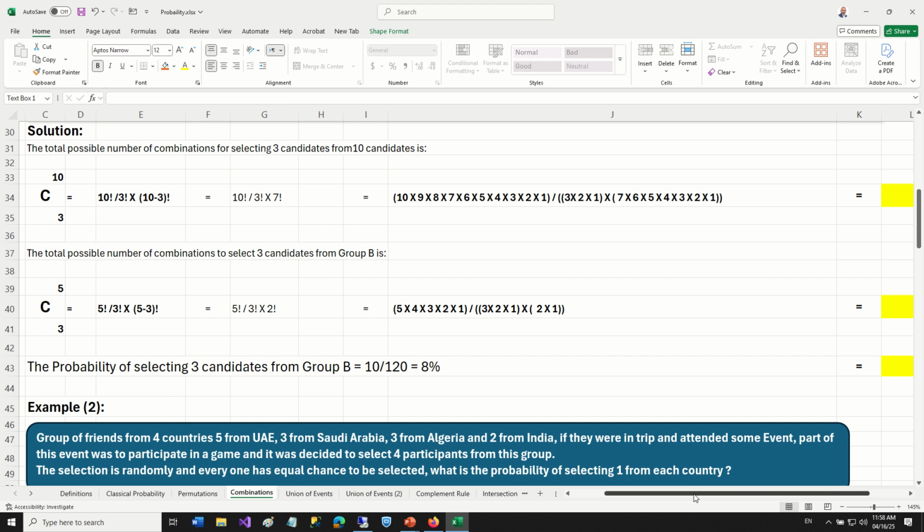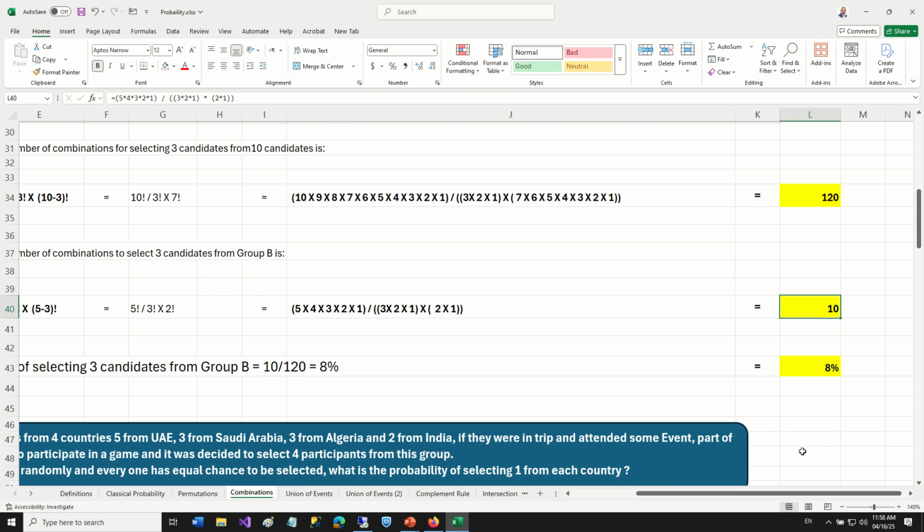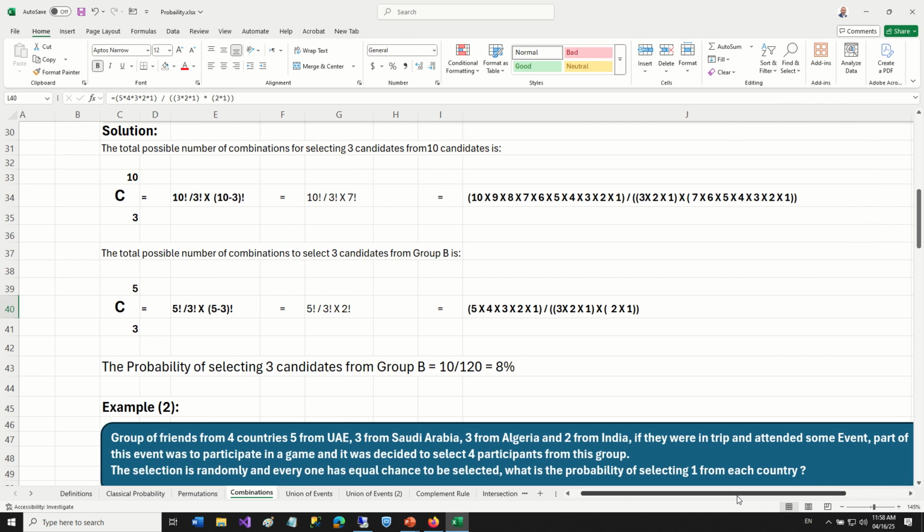That equals 10. So now, applying the classical probability concept, the probability of selecting 3 candidates from group B equals 10, which is the possible combinations of group B, divided by 120, equals 8%.